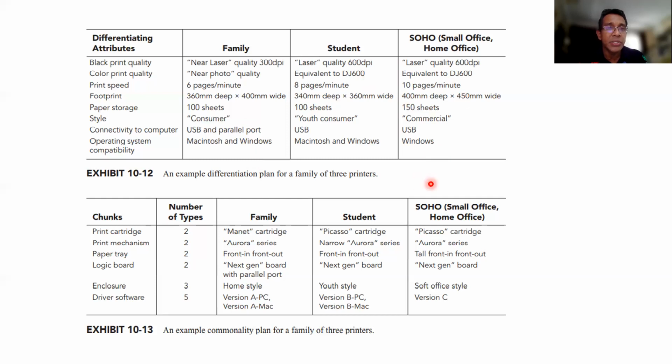All right, so which one is better? You can have different views on this, because the differential plan has its own pros and cons, and the commonality plan also has its pros and cons, in terms of cost saving versus specification.